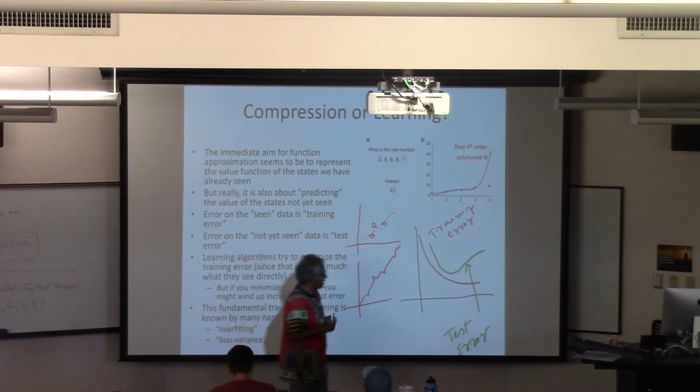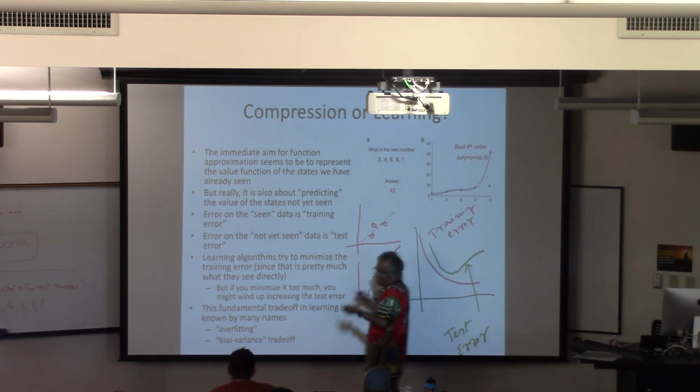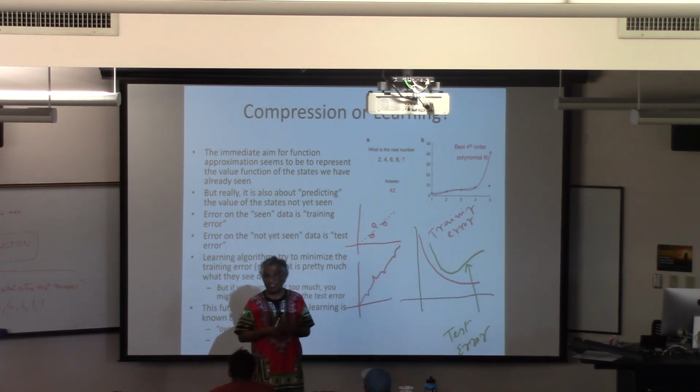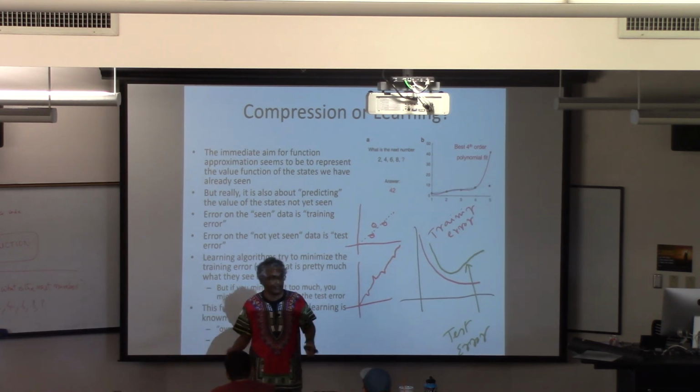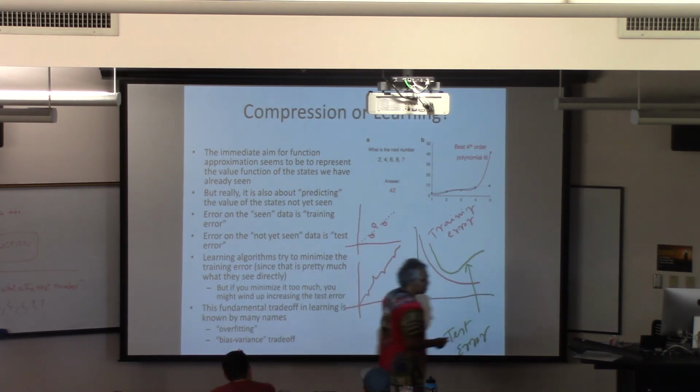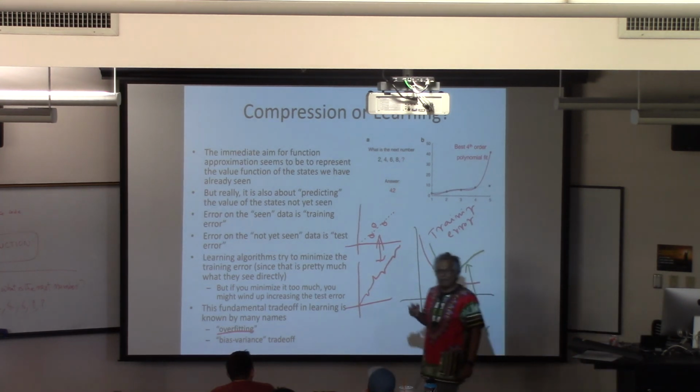Of course, you can check whether this is true or not by testing this hypothesis on various kinds of examples with held out data sets and see if in fact this is true. And oftentimes it actually winds up being true. In general, this is known by multiple different names. One is called overfitting.